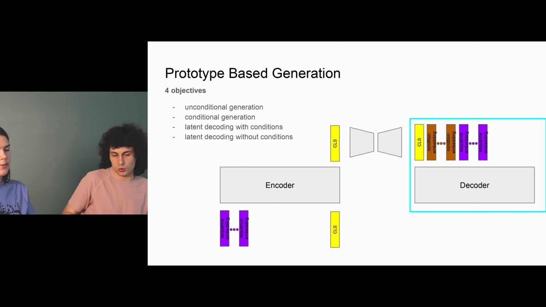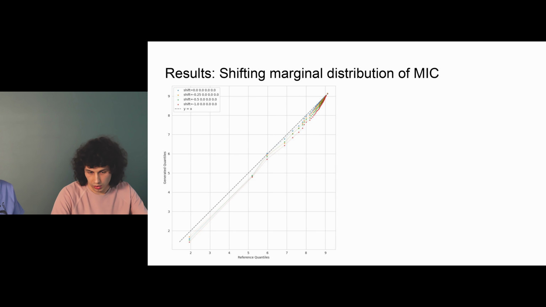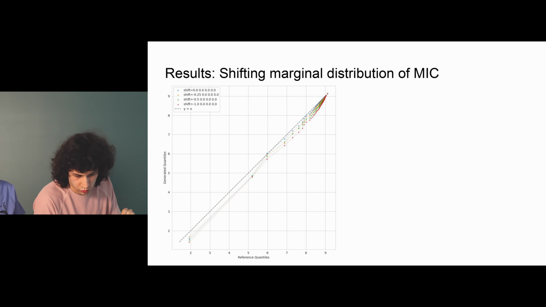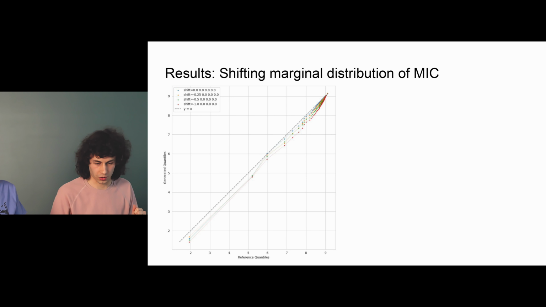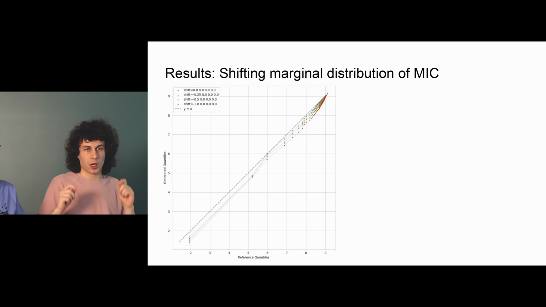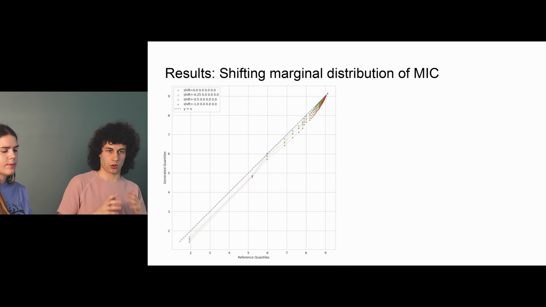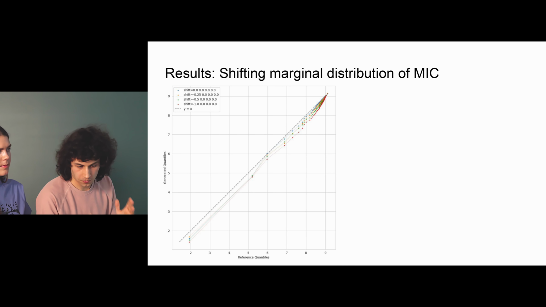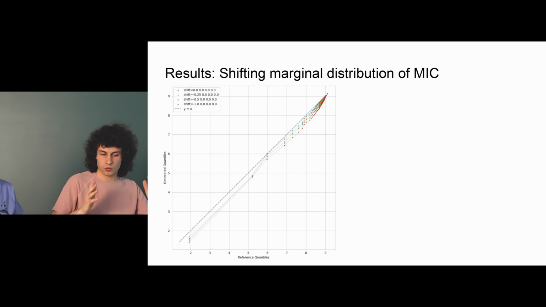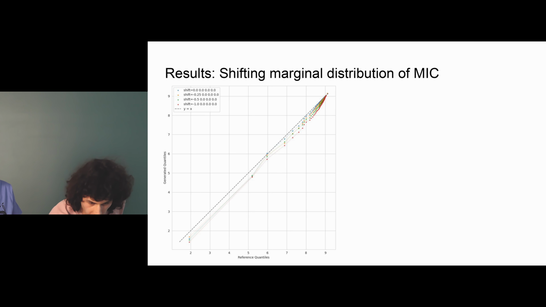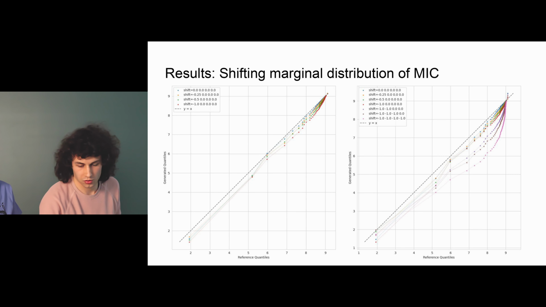And here we are comparing on a quantile plot the distributions of the reference dataset, so the datasets of these prototypes, which are then embedded to the latent space, and the distribution of the new derived peptides which had shifted conditions of the originals. So we have 4 conditions. We are specifying shift vectors for each of the conditions and then generating a population of peptides.